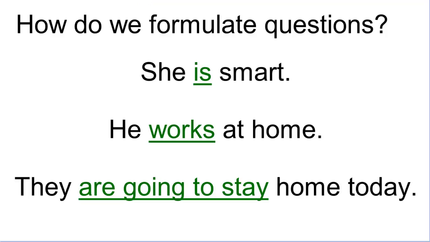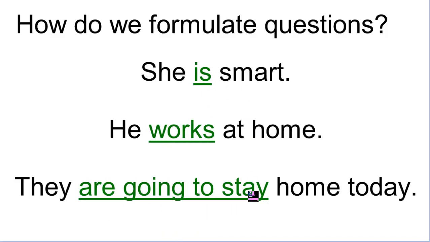First of all, let's identify the verb in each of these sentences. She is smart. He works at home. They are going to stay home today. As you see, in each of these sentences in color green, I am highlighting the verb: is, works, are going to stay.